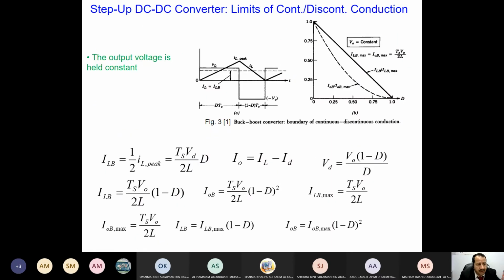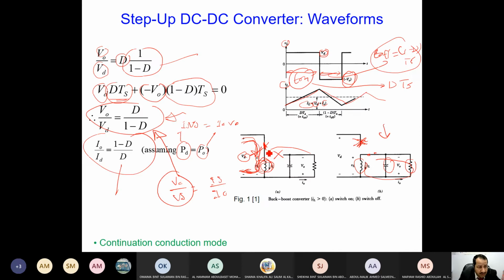Now, similar to the discussion of the boundary condition, I here added both VL and IL, the previous graphs, in one graph. And the boundary condition, as you can see here, touches at 0. We start with the same discussion. IL, by the way, is the input current because, you see, it's connected to the input.